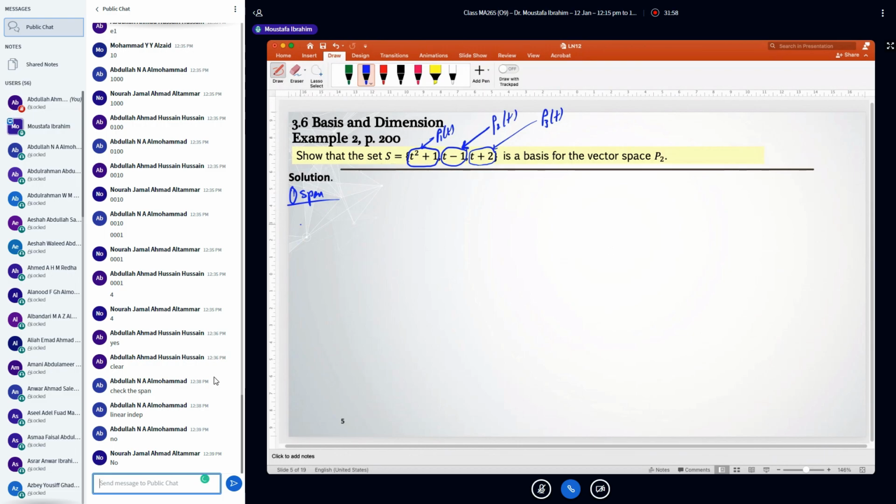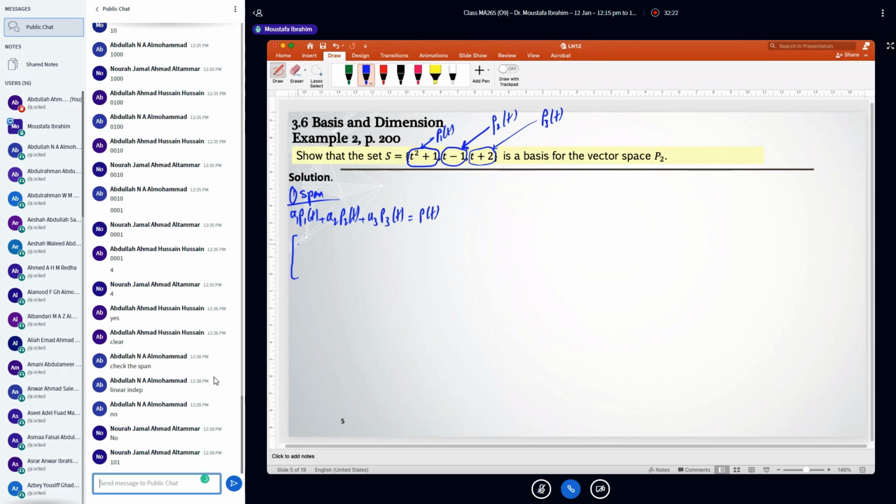So for span, let's see if it's spanning. We write the definition always: a1 p1 of t plus a2 p2 of t plus a3 p3 of t equals p of t. Here we can write the augmented matrix. So what should we write for p1, t squared? 1, 0, 1. Very good.